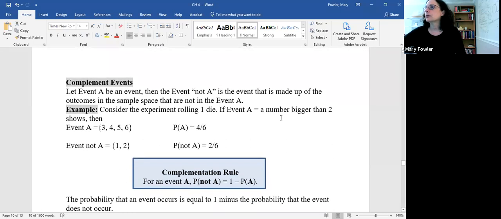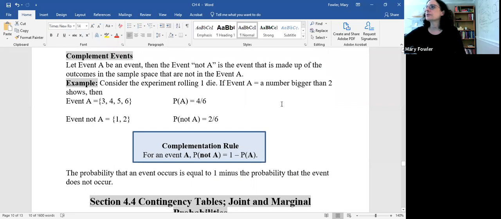So let's talk a little bit about complementary events. Let A be an event. Then the event not A is the event made up of all the outcomes in the space that are not A. Consider the experiment of rolling 1 die, and event A is a number bigger than 2 shows.